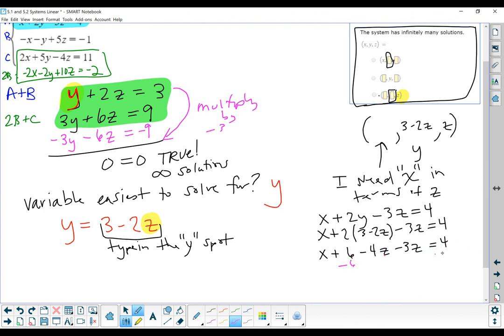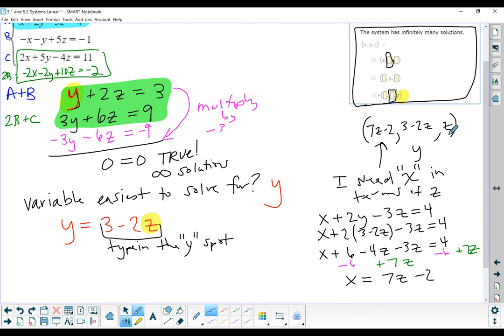So I'm going to subtract 6 and I'm going to add 7z. So I get x is equal to 7z minus 2. So that's a negative 2 and a 7z. So this is going to go in that first spot, 7z minus 2.